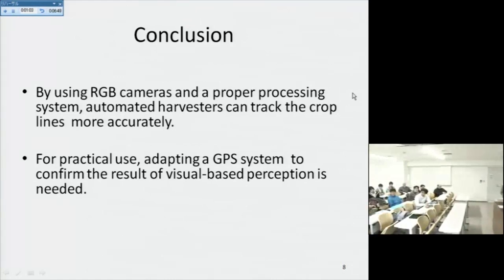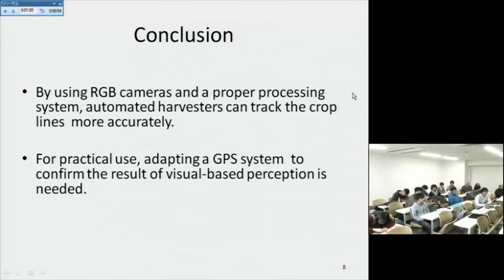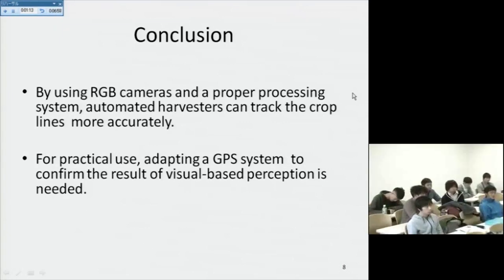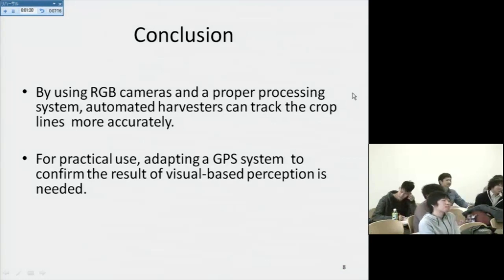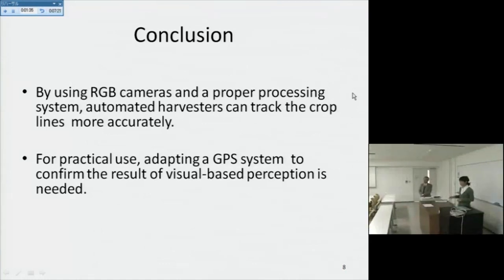Okay, so the crop color is very similar to the cut crop, so how does this system detect the boundary between crops of similar color?